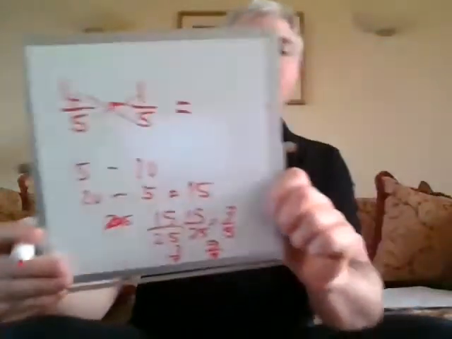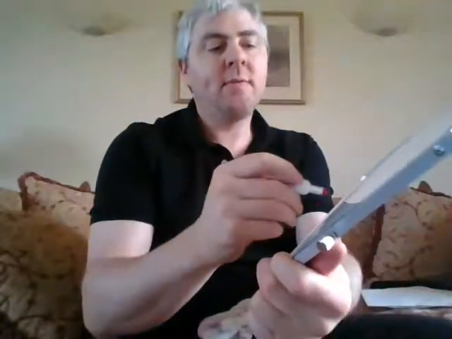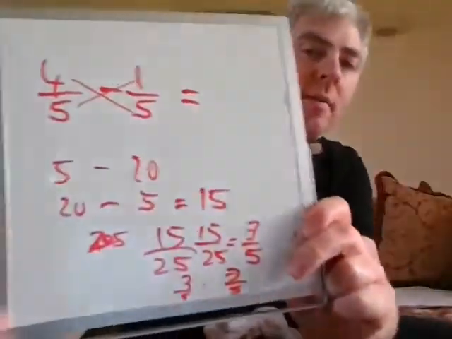Equals 3/5. So 15 over 25 equals 3 over 5. So I just wanted to show you that.